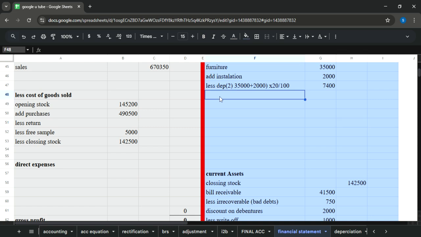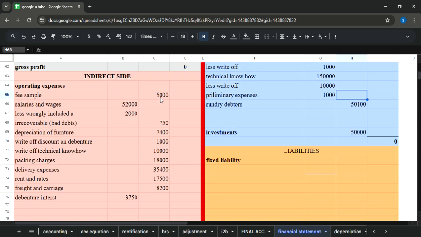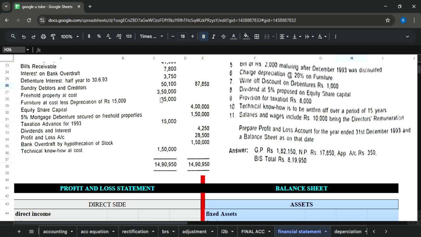Over here, freehold property would be recorded. Let's see how much the amount of freehold property is, that is 350,000. On the fixed asset side, we are going to mention this freehold property.